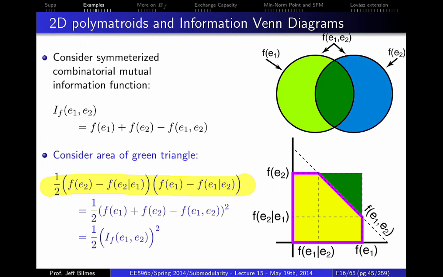So you can see the triangle is half of the area. So this is really just 1/2 of this quantity squared. And that quantity is f of E1 plus f of E2 minus f of E1 comma E2. That's from the definition of the conditional submodularity. Therefore, the area of the triangle is equal to 1/2 of the combinatorial independence function squared.